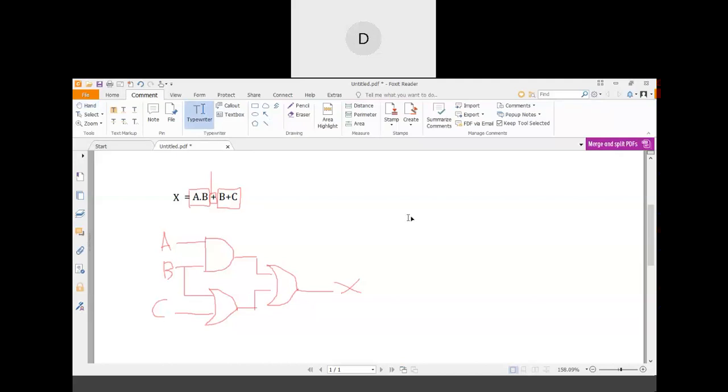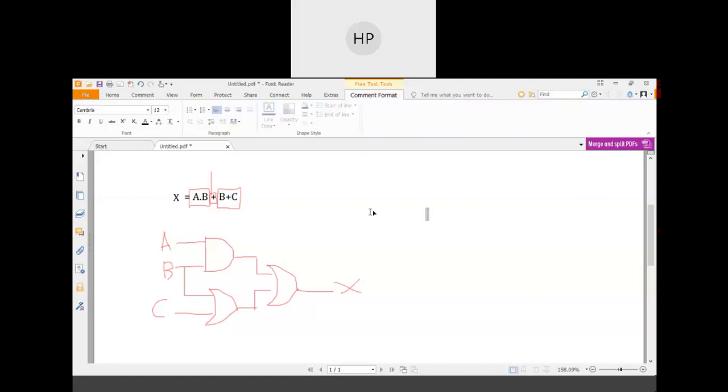Each octal digit comes with 3 bits, right? Now, for example, the octal digits 0, 1, 2, 3, 4, 5, 6, 7. That's it, right? Each digit of this octal number system is represented by 3 bits.